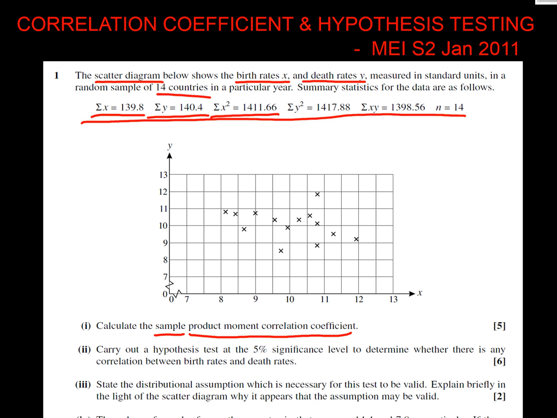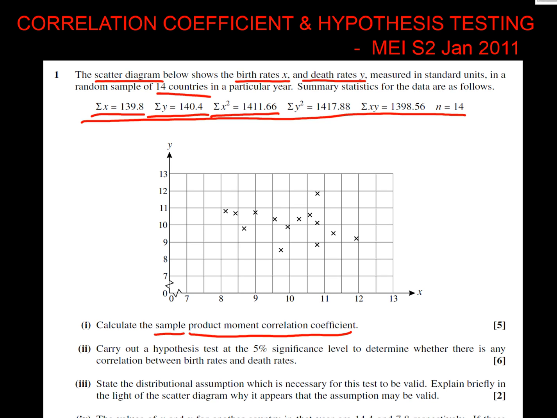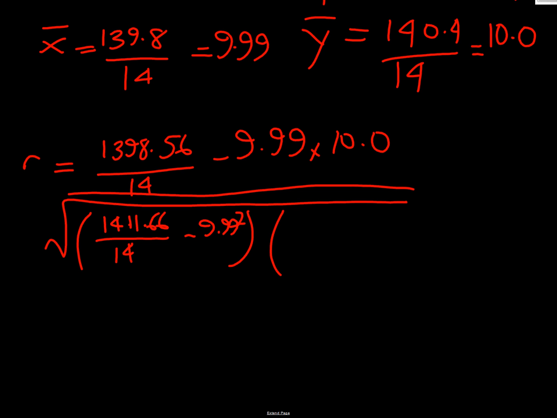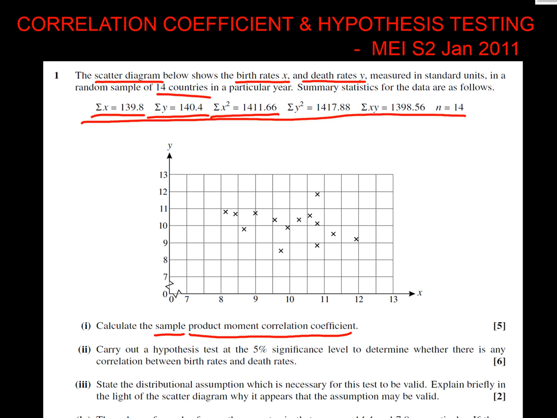Sum of y squared is 1147.88. Let's just check that, over 14 minus 10.0 squared. I might have transcribed that number incorrectly.